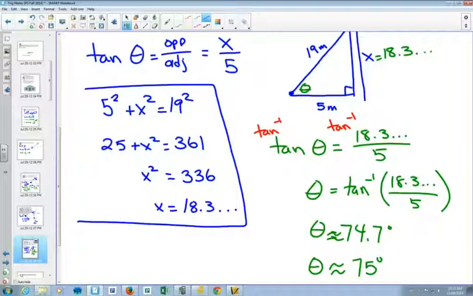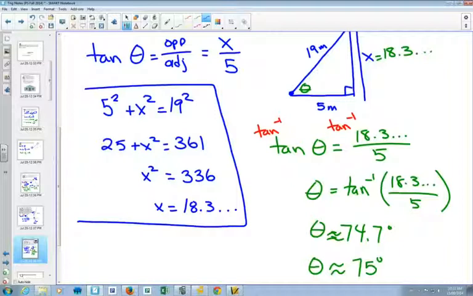So if you did cos inverse of 5 over 19, you wouldn't even have to find the 18.3, and you would get the answer of 75 degrees in one step, right? Which is nicer, because if you can do it without having to do this off to the side, that's even faster. So we're going to learn cos and sine as well in this unit.